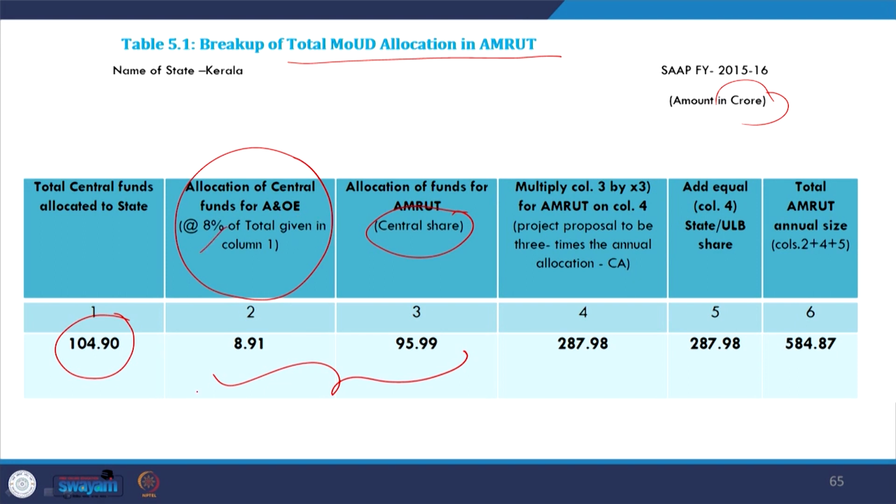Including this, the total funding which Kerala would get is 104 crores, and we see how they are distributing this, how much will be the central share and how much will be the state share, and then what will be the total AMRUT size. That is how the calculations are done.